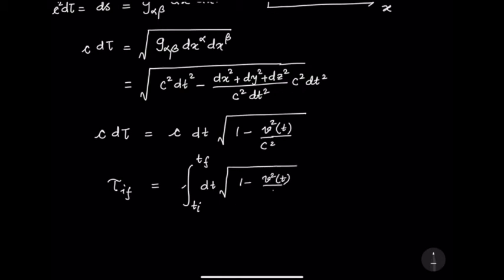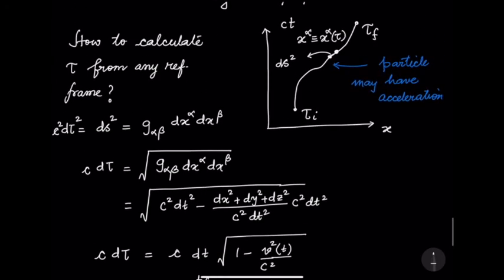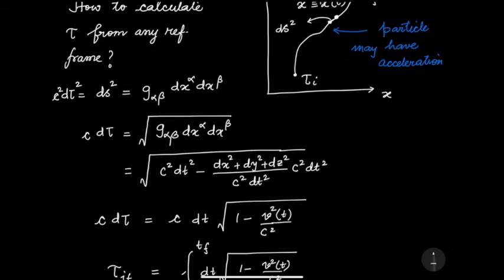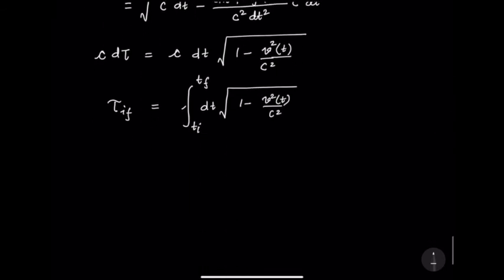So you realize that there is a way of calculating the proper time that is spent along the trajectory of an arbitrarily moving particle. All that you need to know is the velocity of the particle at all times. How do I use it?